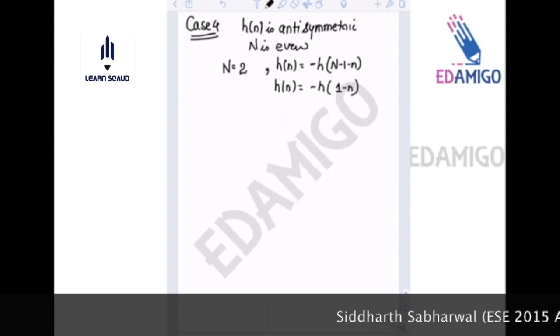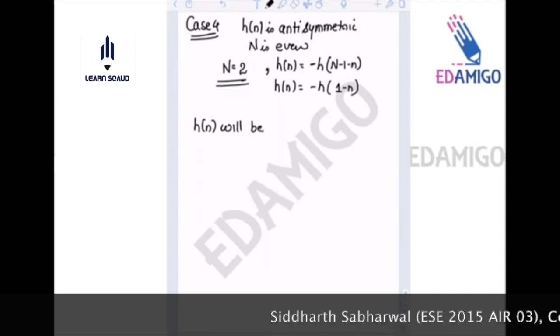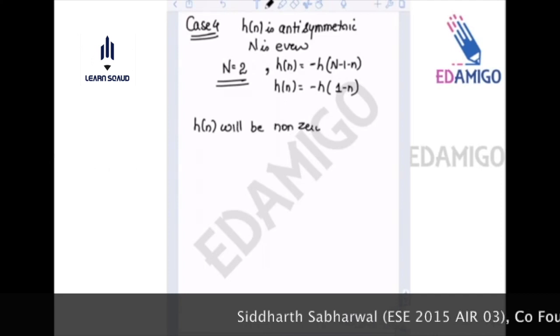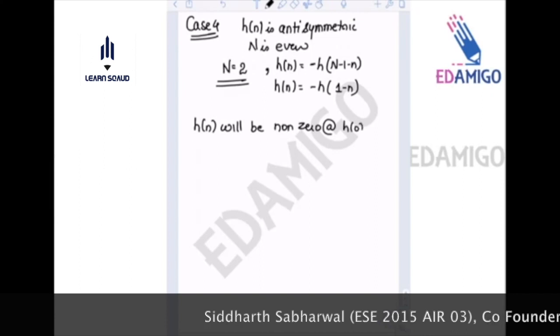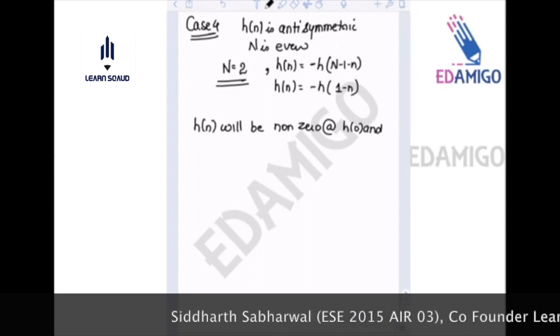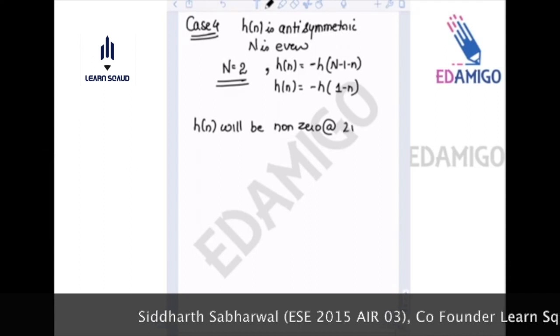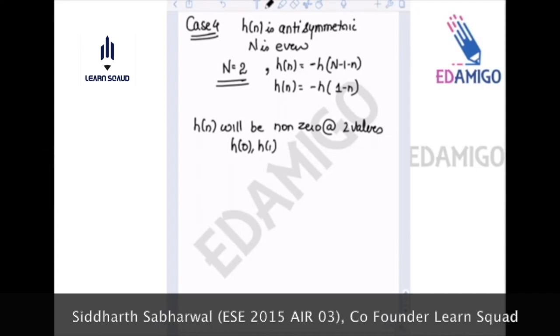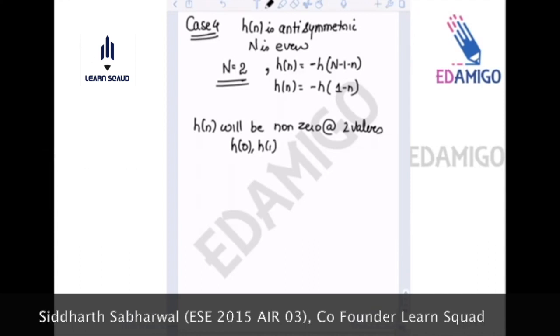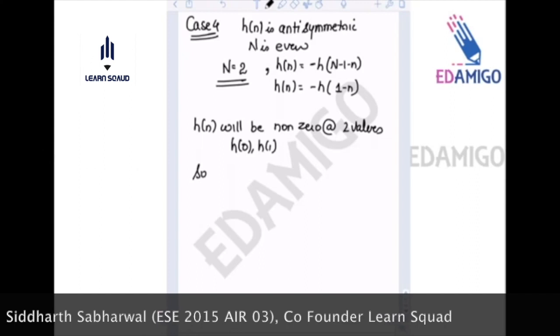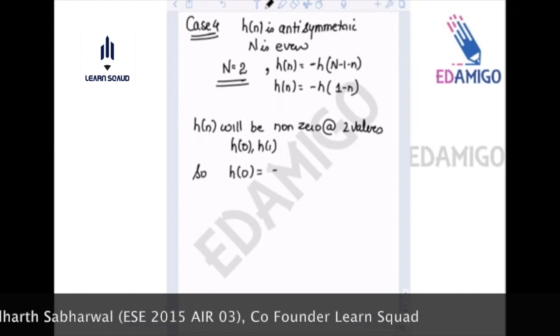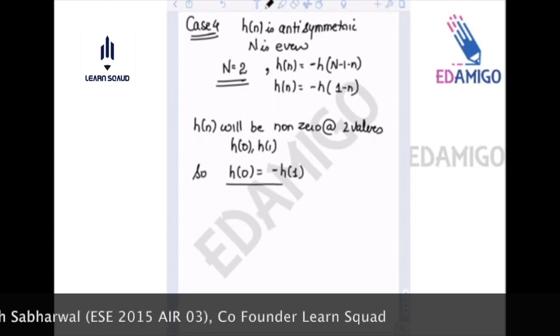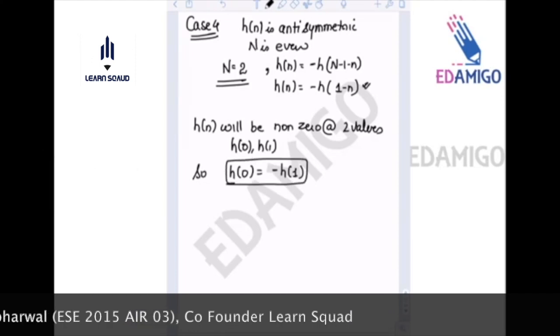Since n is equal to 2, h(n) will be non-zero only at two values, that is h0 and h1 will be present in h(n) only. So h0 will be equal to minus h1 from the above property, that is h(n) is antisymmetric.